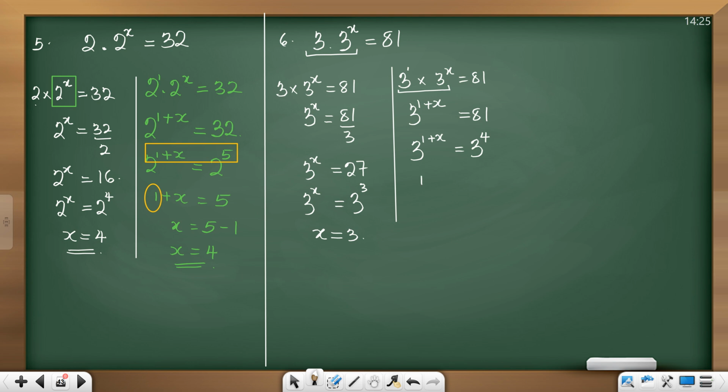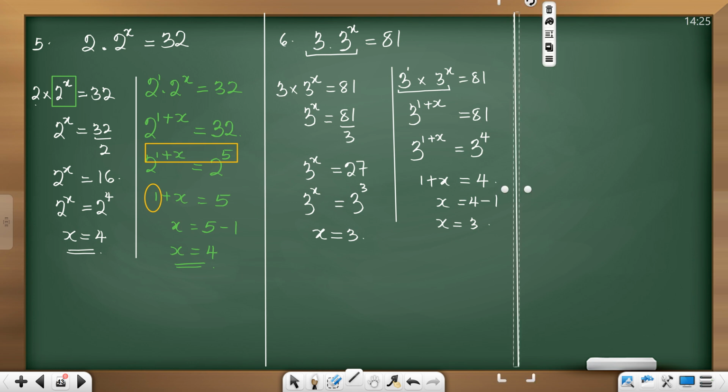Since the bases are equal, I can also equate the powers. Now the 1 here is adding. It will come here and subtract, and x will be equal to 3. Beautiful. Please let's write that as quickly as possible. Maths is just fun. Fun, fun, fun.